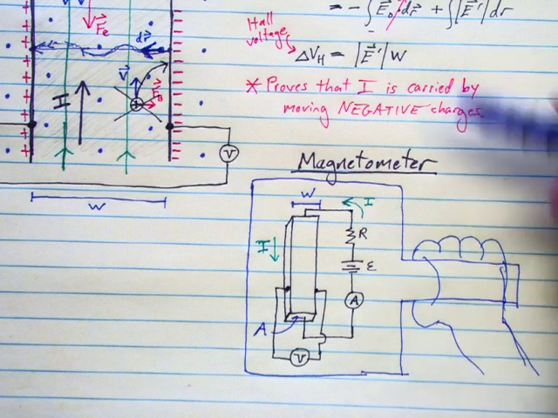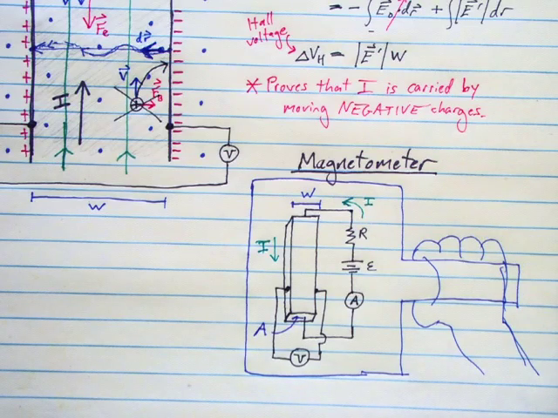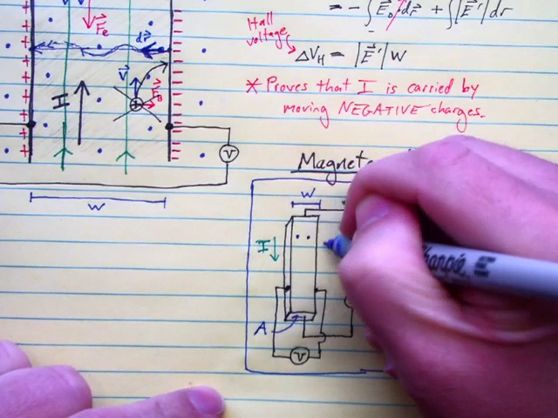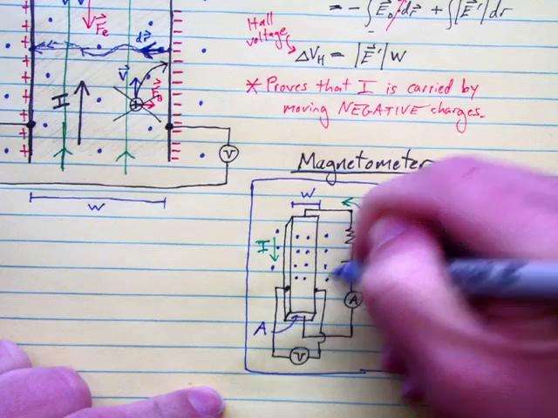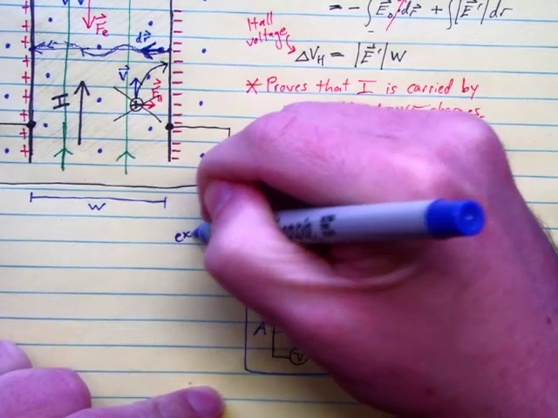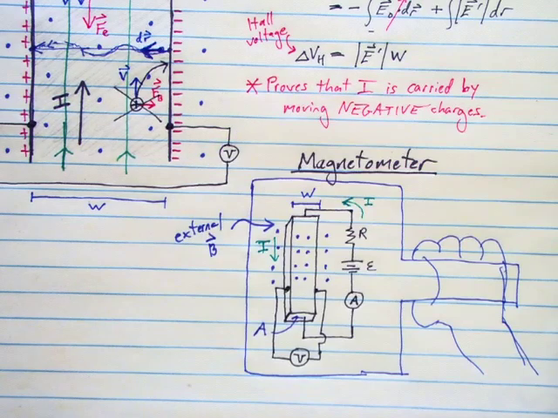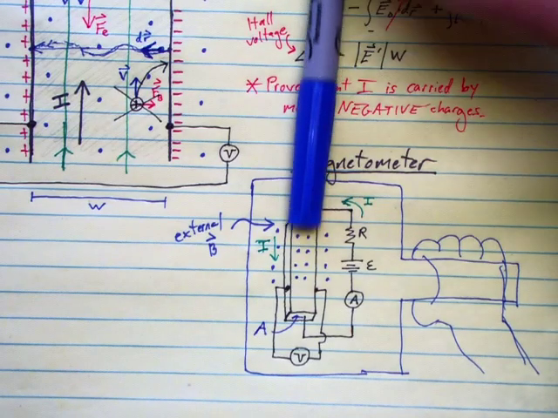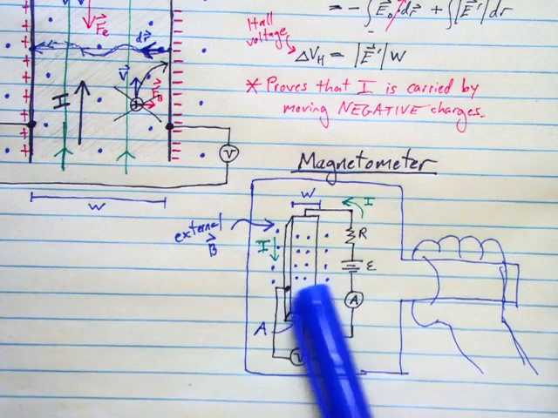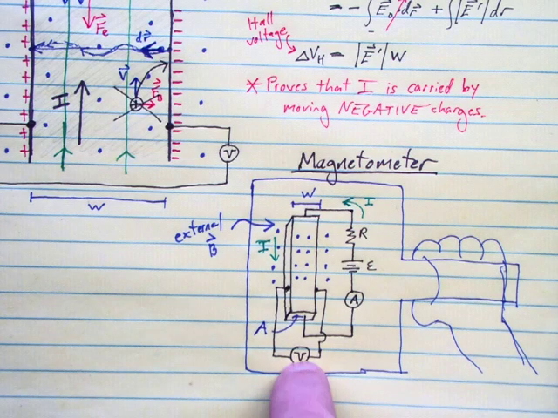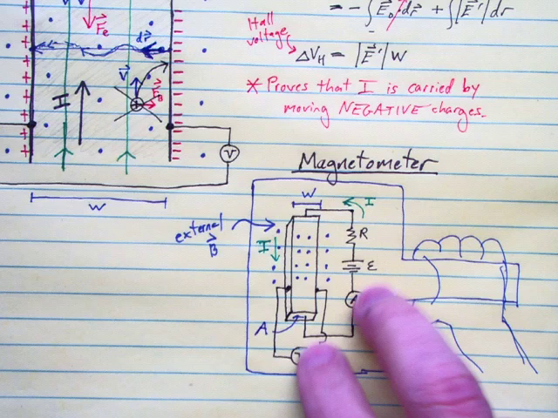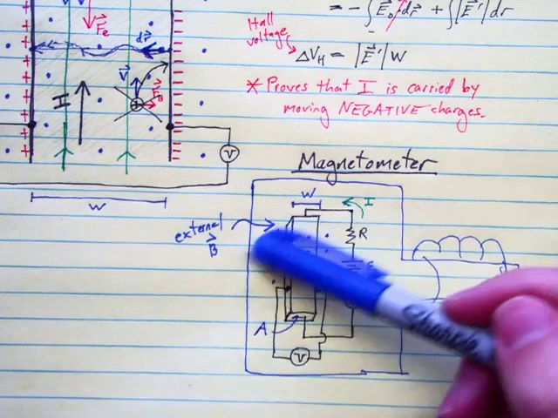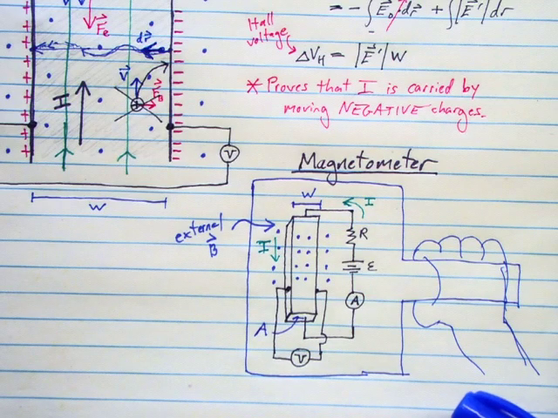And now if you wave this device around, and in particular if you place it into a region where you're expecting there to be some external magnetic field, you hold it with a proper orientation so that our current is running at a right angle to that B field, then we will get Hall effect across this bar right here. And we'll measure the voltage, the Hall voltage with this voltmeter. We'll measure the current with this ammeter right here, and your device could take those two measurements and spit out an estimate of the strength of the external magnetic field that you're waving your device over.